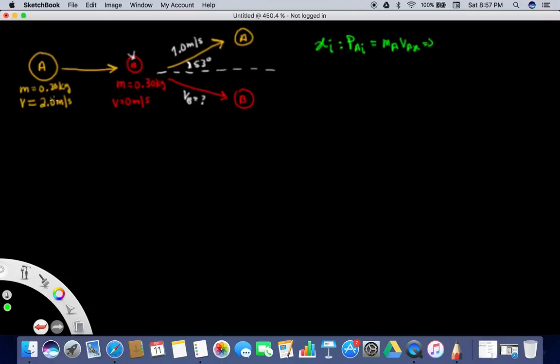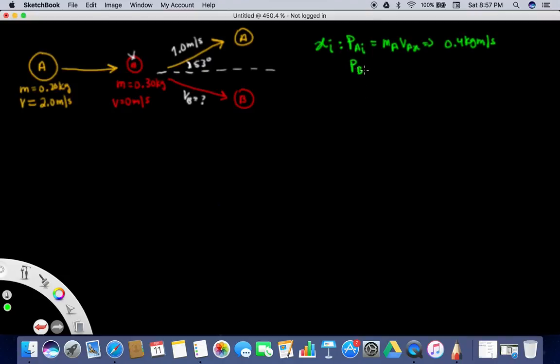The mass of ball A is 0.20 kilograms, and the velocity of ball A in the x component is 2.0 meters per second because the ball is moving due east. So it's 0.2 times 2, and that is 0.4 kilogram meters per second.